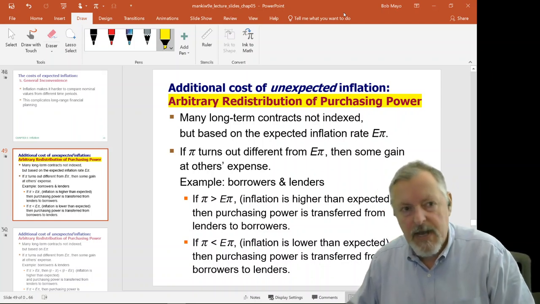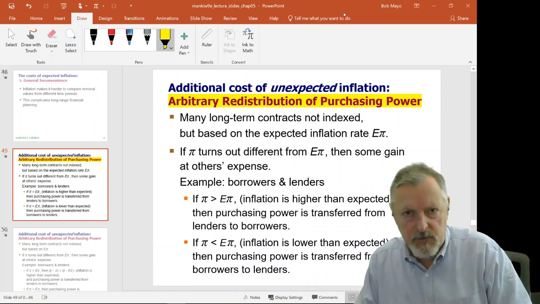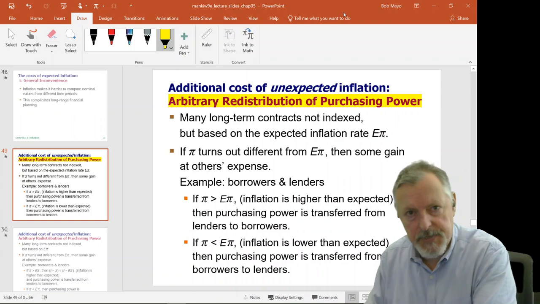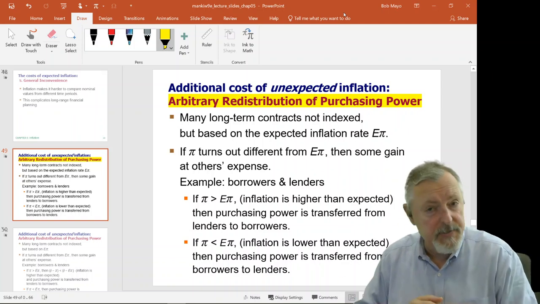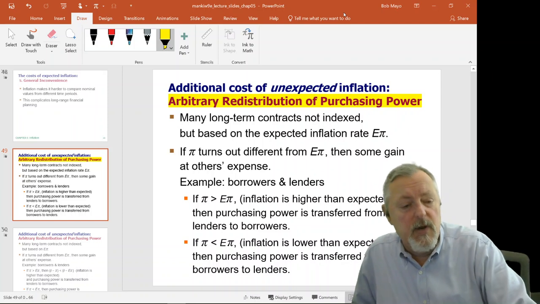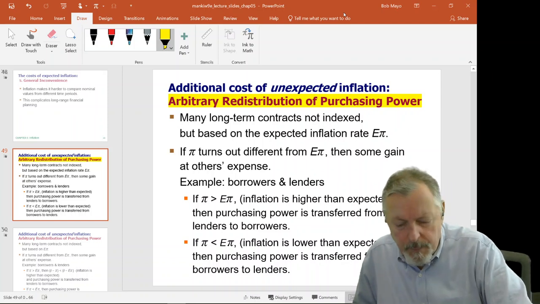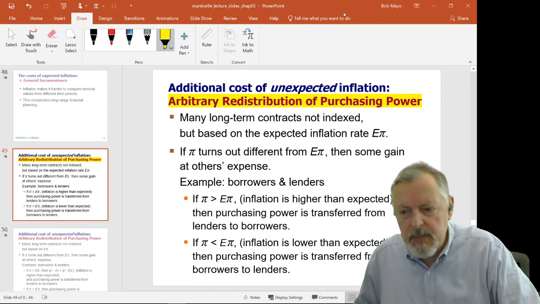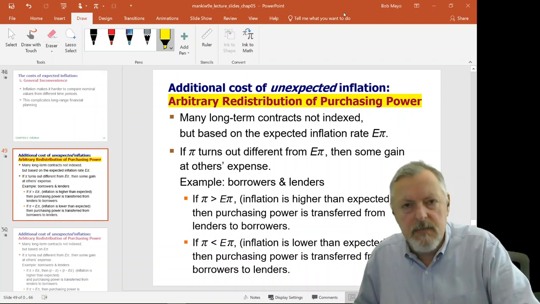Well, if it turns out that your estimate of inflation was right, then you'll give $100 today, a year from now get 110 back. There was 0 inflation, and you have a 10% real rate of return, and all is well. But what happens if you guess wrong? Let's assume that all prices doubled.